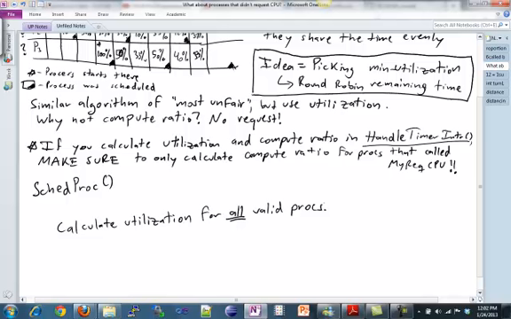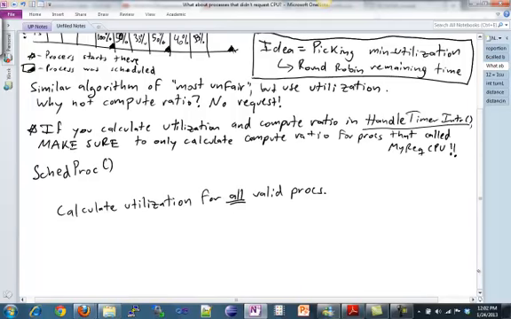We care about utilization for the ones that did request CPU, because we use that to calculate the compute ratio. And we care about utilization for the ones that didn't request CPU, because that's what we pick. We pick the minimum utilization. Okay? So once we calculate utilization for everyone, we want to calculate the compute ratio for only processes that requested CPU.